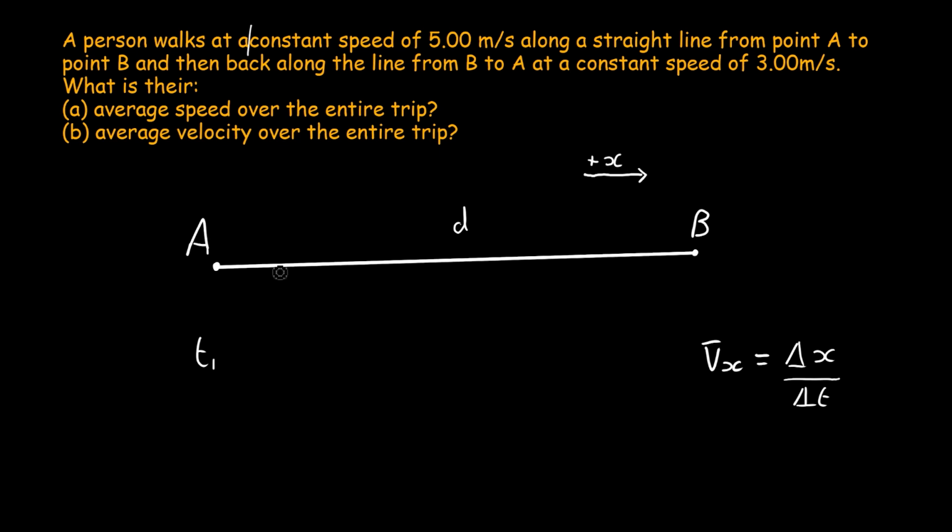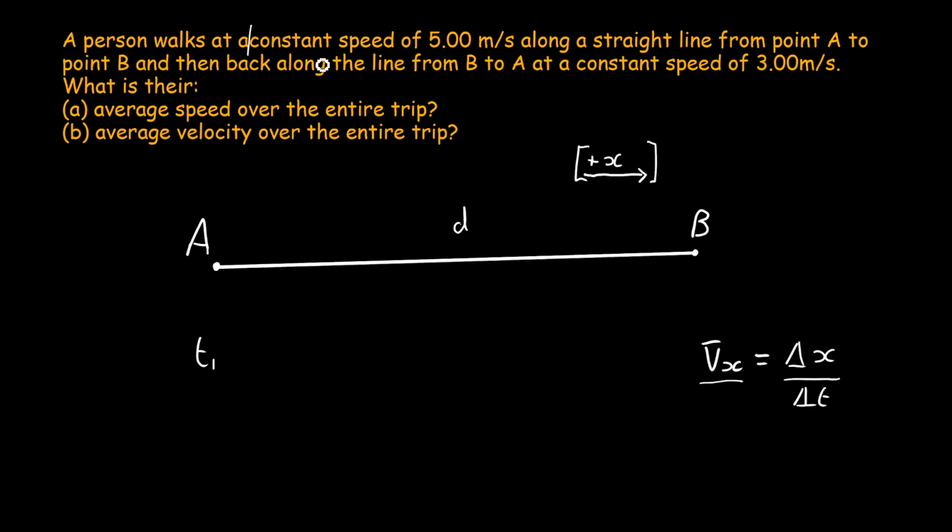But I'm assuming here that the position at point A has a lower x value than the position at point B. So we've assigned this direction as our positive x direction. Now our velocity here is a vector, so it has a direction. And in one dimension, our direction is signified by a positive or negative value.